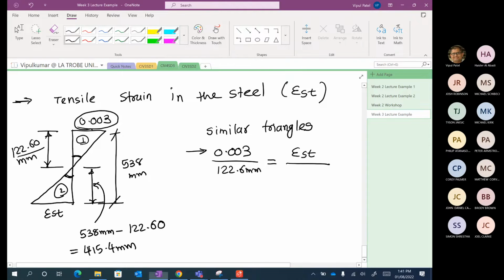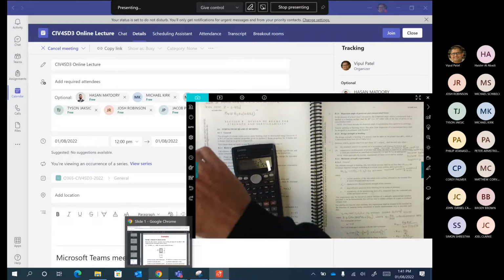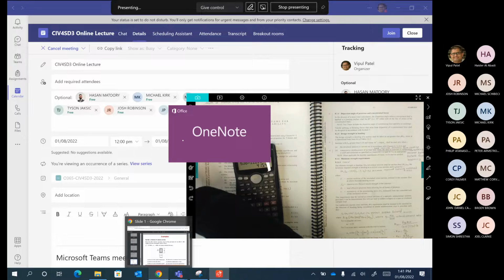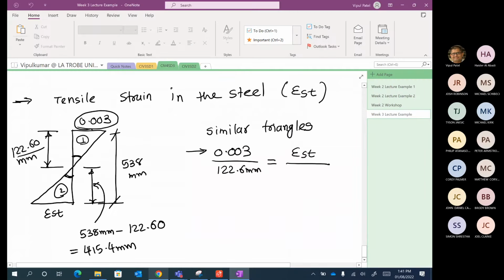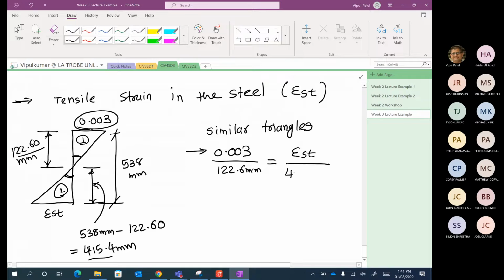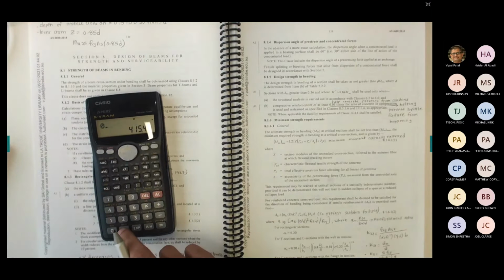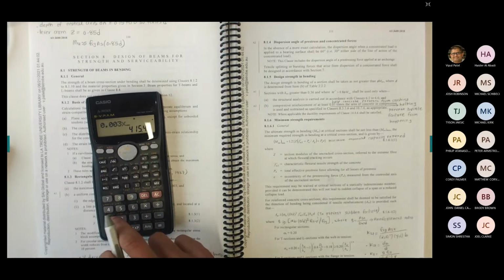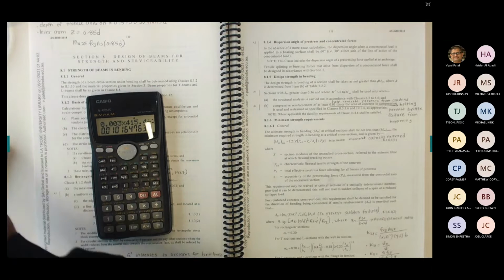So if I want to simplify, EST equals 0.003 times 415.4 millimeters over 122.6 millimeters. So if I just use the calculator, 0.003 times 415.4 divided by 122.6, so 0.01 strain.